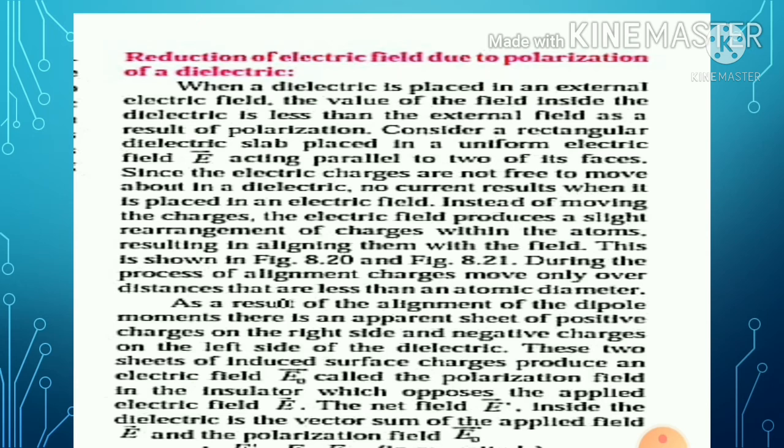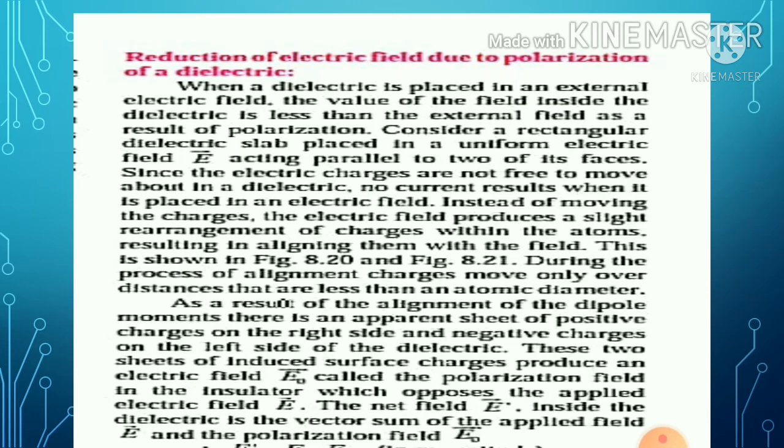So in these diagrams we can write the net electric field E dash bar inside the dielectric material is the vector sum of the applied electric field E bar and the polarization electric field E0 bar.